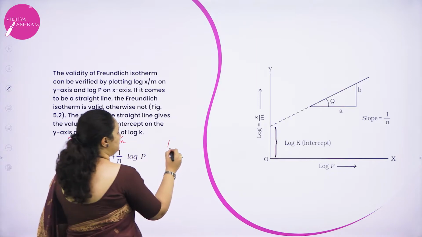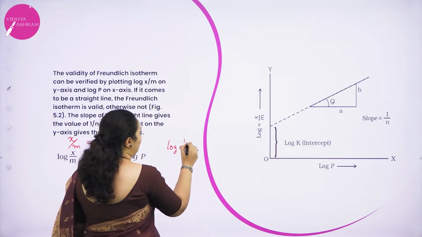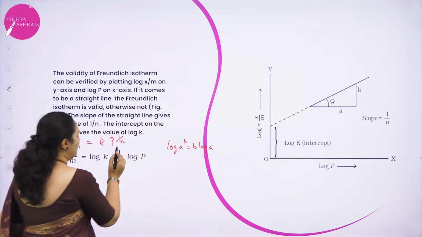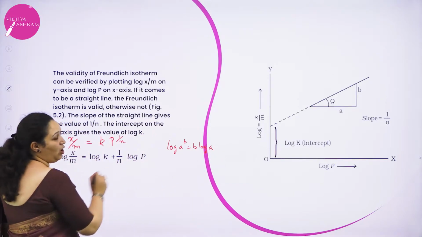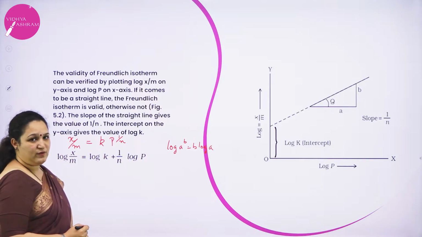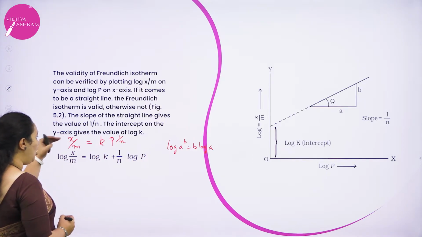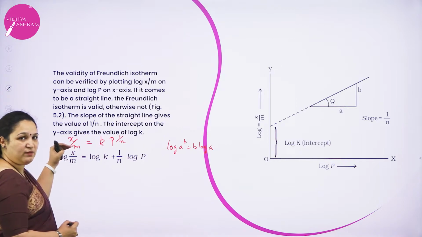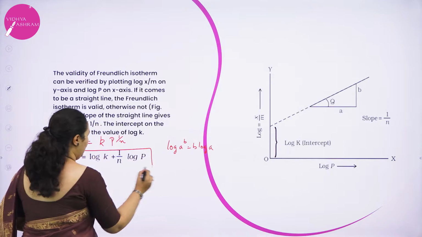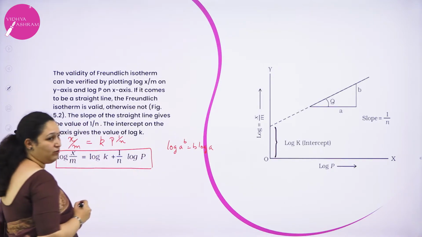Now log a to the power b, I will write as b log a. That's the reason I have written 1 by n log p. I hope you remember this from your first year. So if I apply log for the expression given by Freundlich, I will get this particular expression or formula.